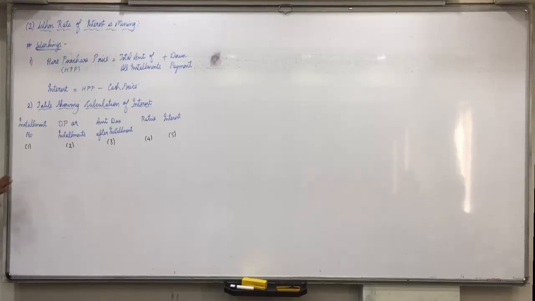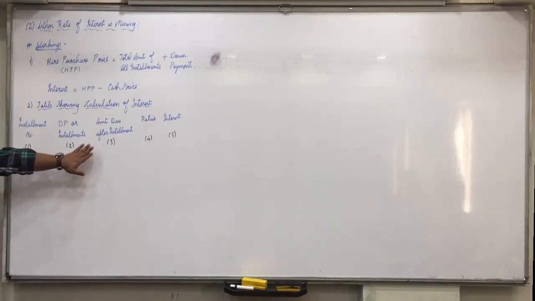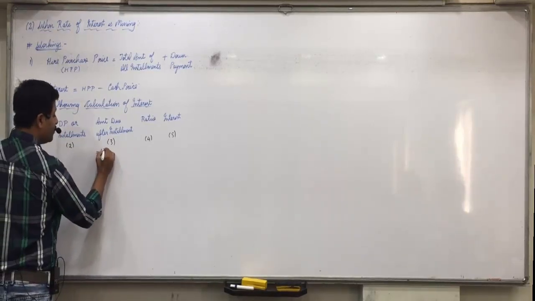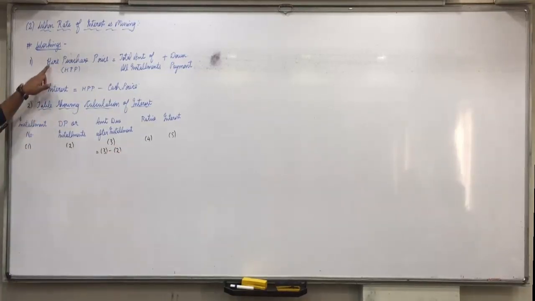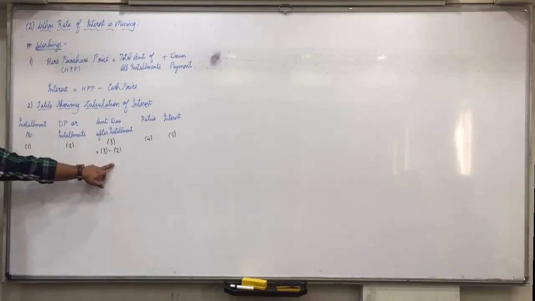Now here we will start with down payment. For column 3, how we will always obtain it is column 3 itself minus column 2 from the second installment onwards. In the beginning we will take it as higher purchase price minus down payment. Very first amount you will take as higher purchase price minus down payment.